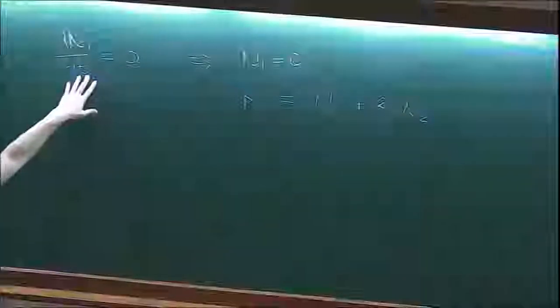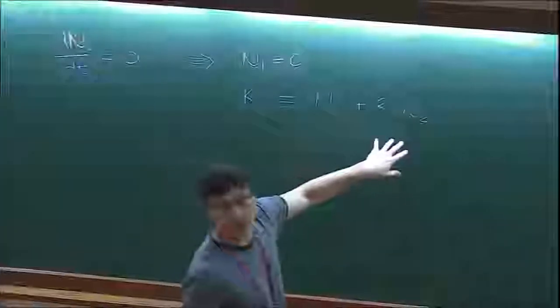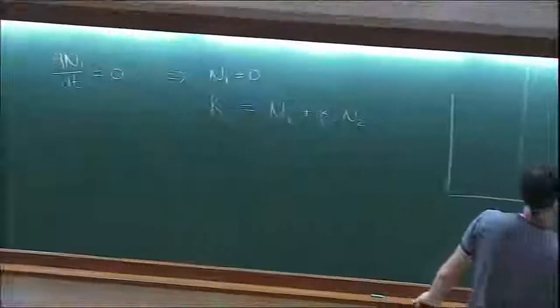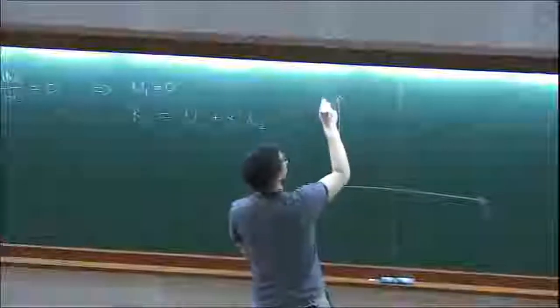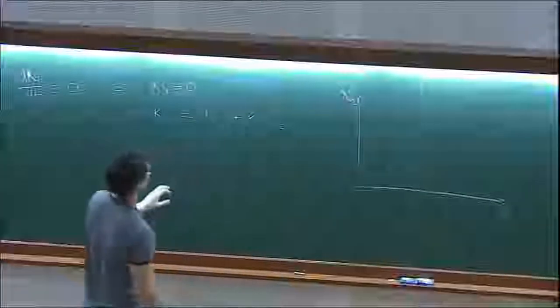So the isocline associated with species 1 is going to be a line in this N1, N2 space. We'll go ahead and add it here. So it's number of individuals 1, number of individuals 2.